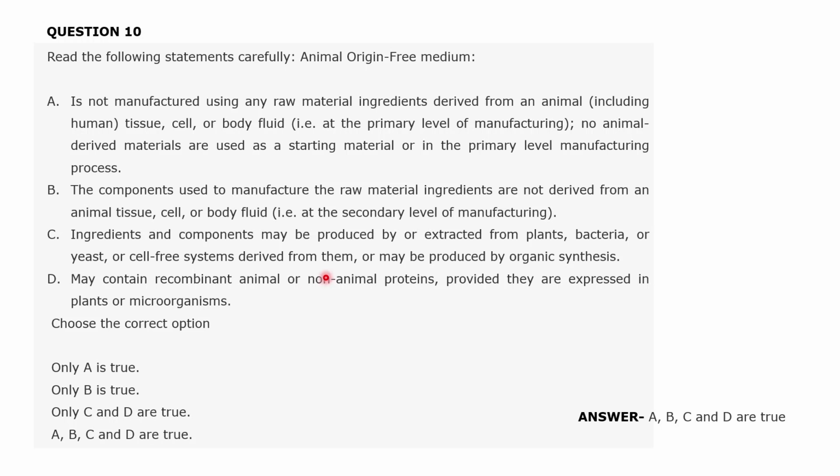Suppose you clone a particular gene present within the animal source and then express that protein in bacteria or plants. You can use that because you are not obtaining it directly from the animal, but obtaining the signature that dictates that animal protein and then expressing it. So that protein or any other component can be used within animal origin free media.